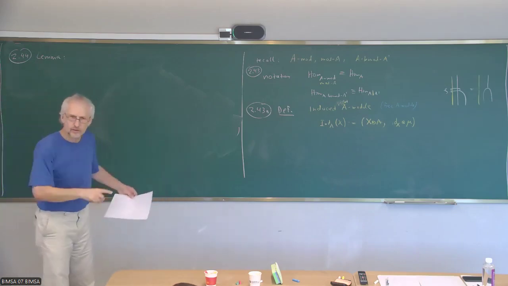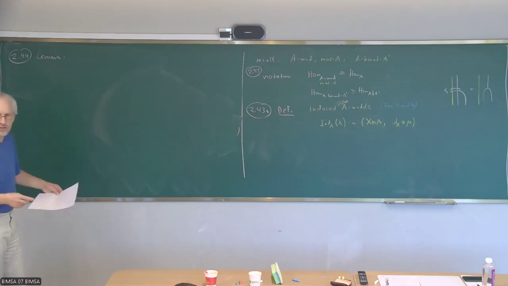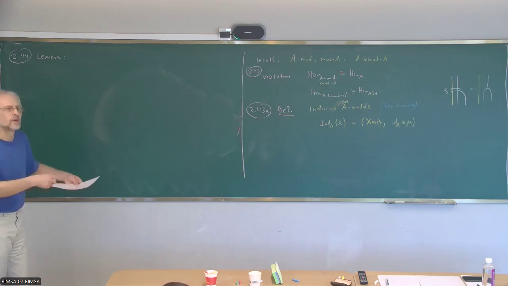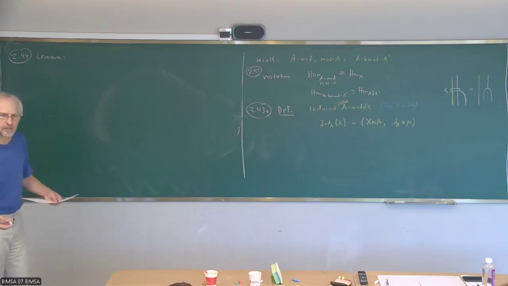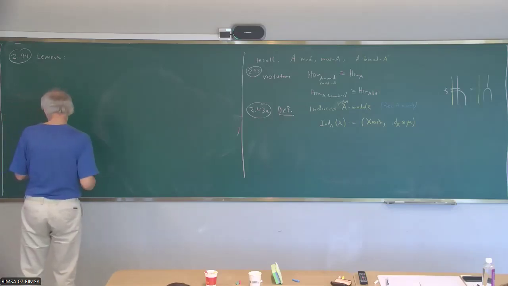To save time, I won't write all the time what the assumptions are. So if I talk about an algebra A, it's an algebra in a monoidal category, and the monoidal category is called C, unless I call it otherwise.